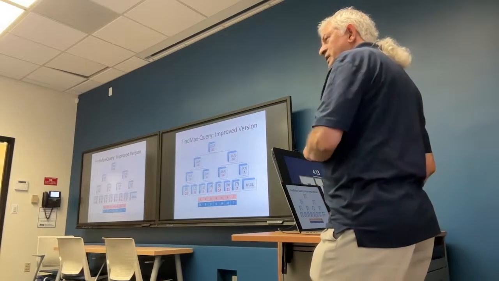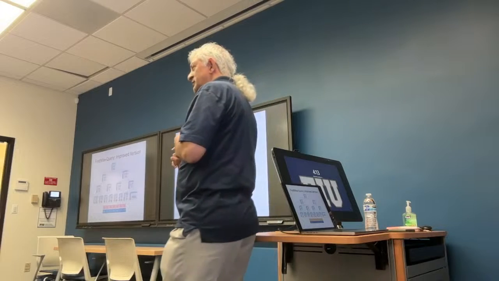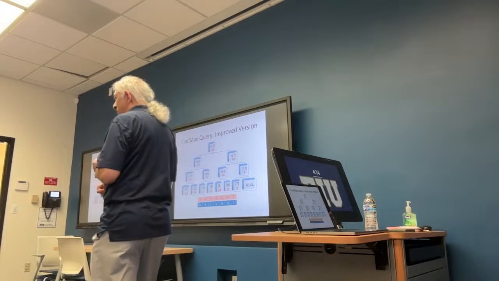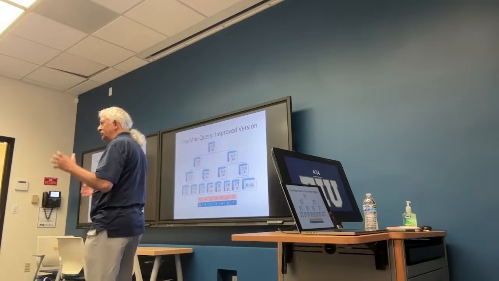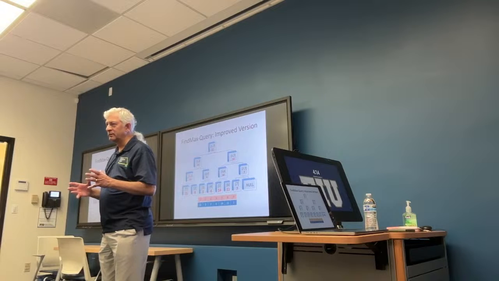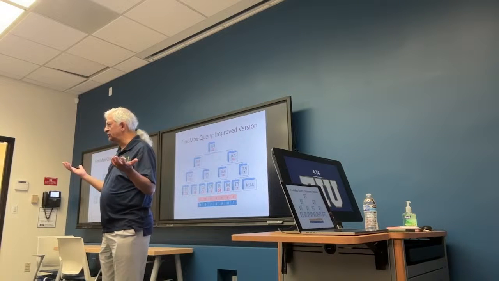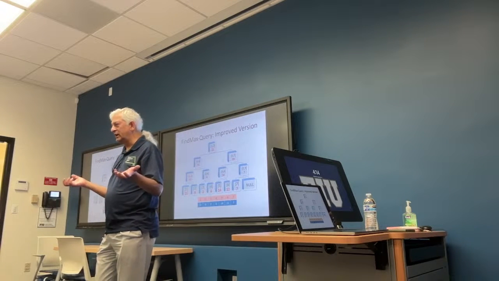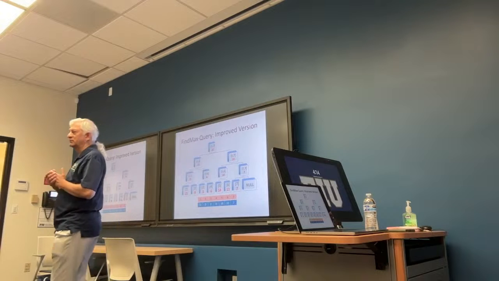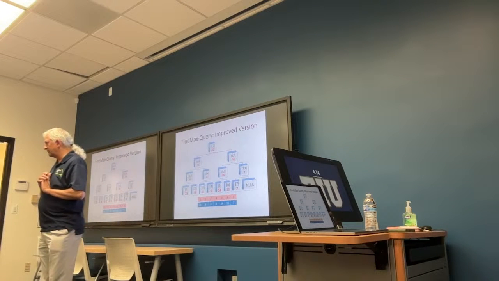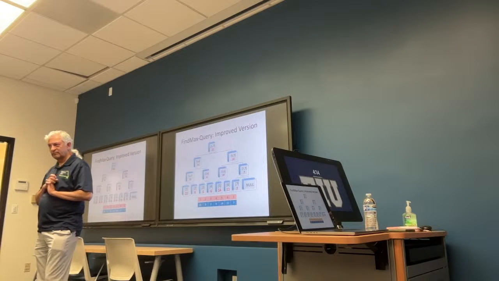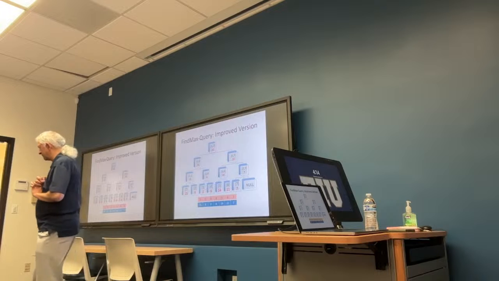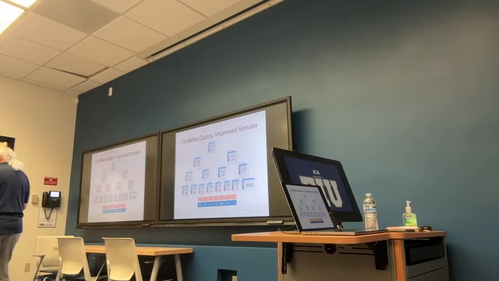Essentially it says this is an improved version because I have now reduced the query time to log of n. But the question is, how much time did I spend building this tree? Because remember, building the tree is pre-processing, right?